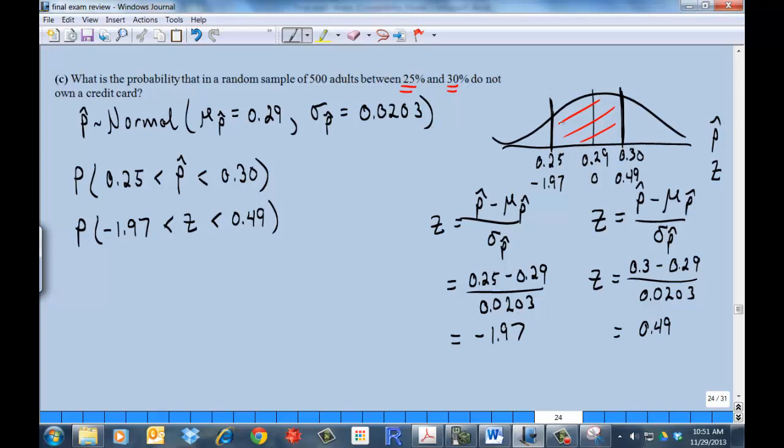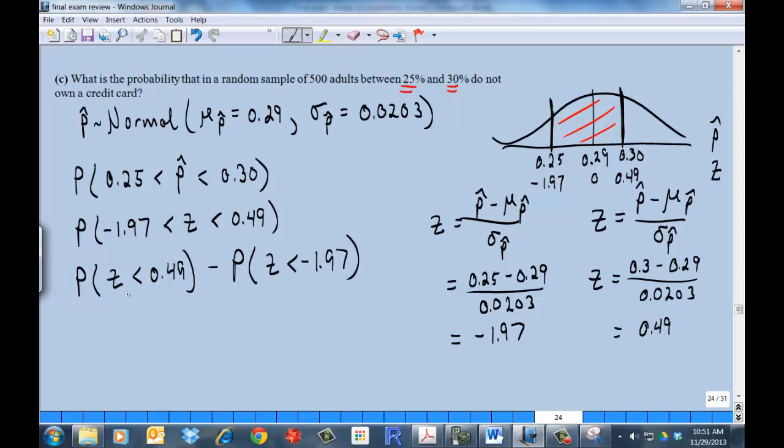So if we take the difference between the two, we get what's in the center. Probability of the area to the left of 0.49, take out the area where z is less than minus 1.97.